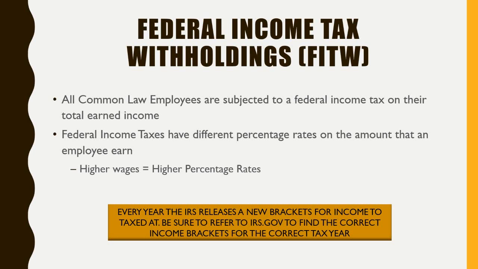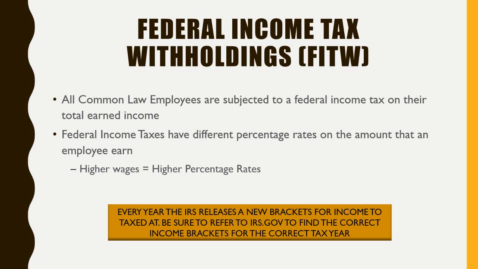The proper term for it is the Circular E form, and there are two ways that you can calculate these percentages. You either have the percentage method or the bracket method, okay? And we'll talk about that in a second.